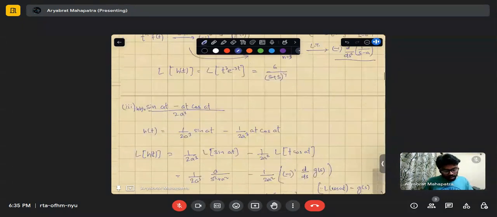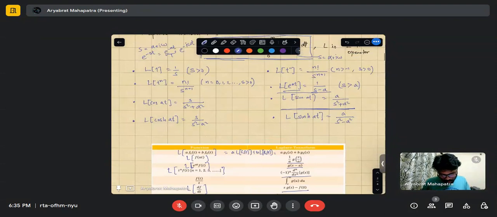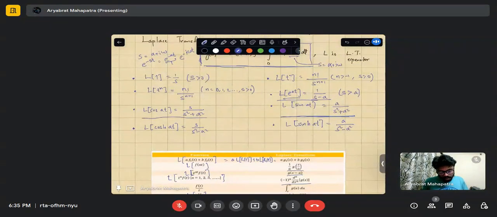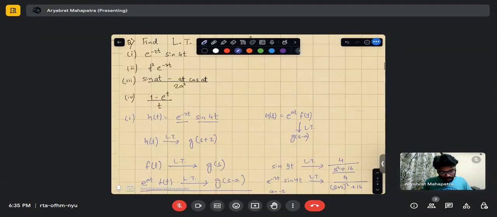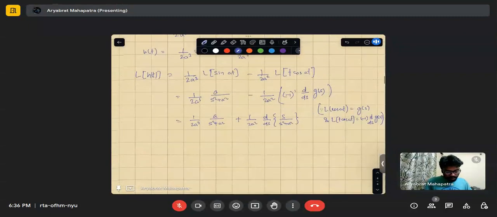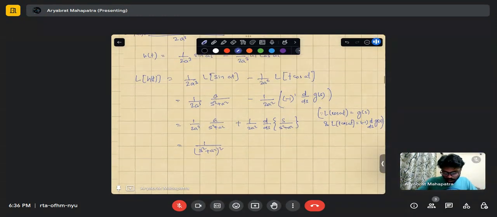Again, you can use the result from here, that the Laplace transform of cos at is s over s squared plus a squared. Using that result, you have to just take a derivative, then add both these terms, and finally you will get 1 over s squared plus a squared whole square. So that is your answer for this problem.